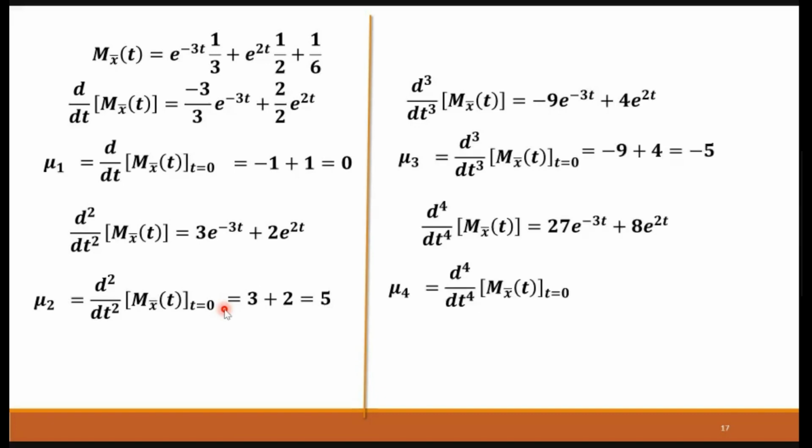Go on differentiating and putting t equal to 0, we can get all the central moments, ठीक है। नहीं तो हमें m0 ऑफ t निकालना पड़ेगा, उसमें से हमें μ1 डैश, μ2 डैश, μ3 डैश, μ4 डैश निकालने के बाद उसमें से μ1, μ2, μ3, μ4 निकालना। अगर हमने mx बार ऑफ t निकाल दी डायरेक्टली तो हम डायरेक्टली μ1, μ2, μ3, μ4 निकाल सकते हैं after differentiating with respect to t.